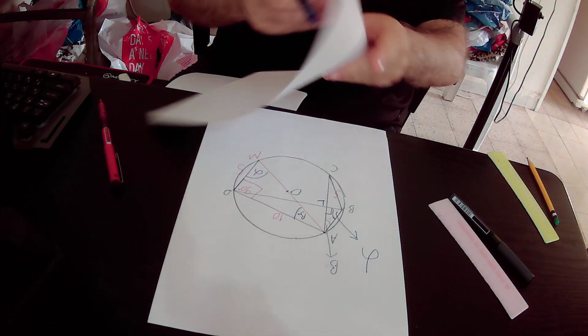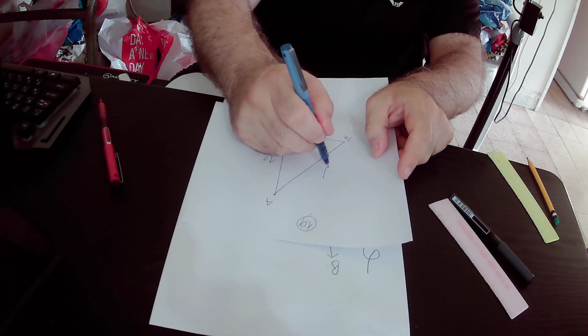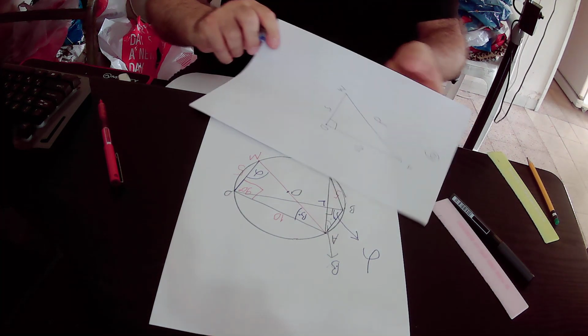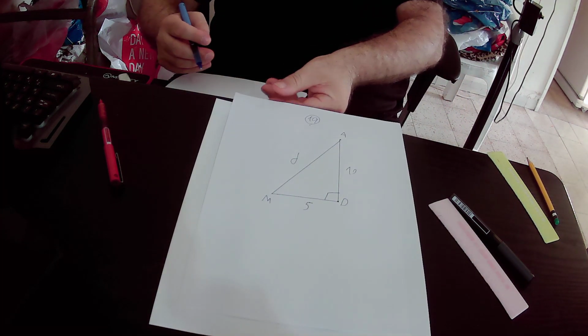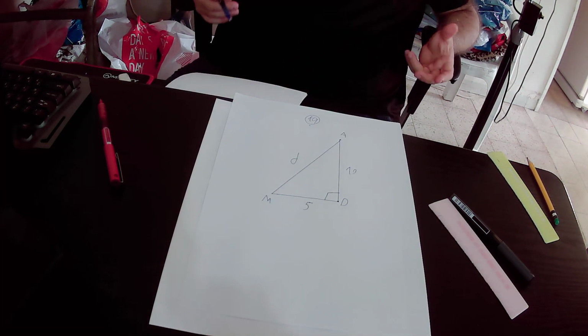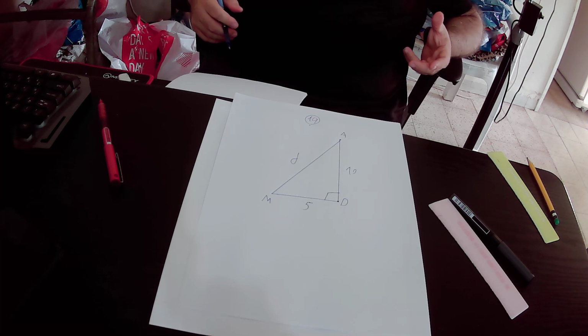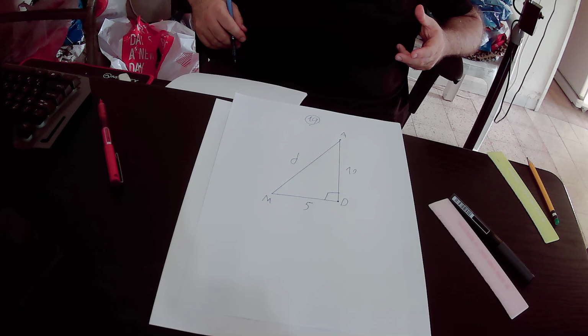So AM will be equal to D. Any diameter of a circle equals 2 times the radius, so after we find the diameter, we will divide the outcome by 2 and we will find the radius of the circle.